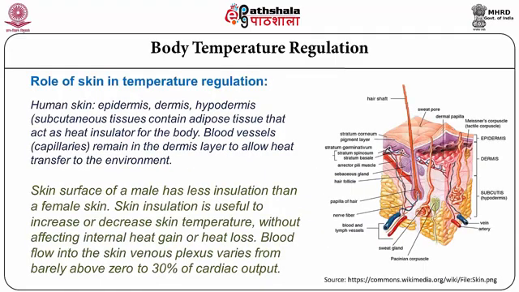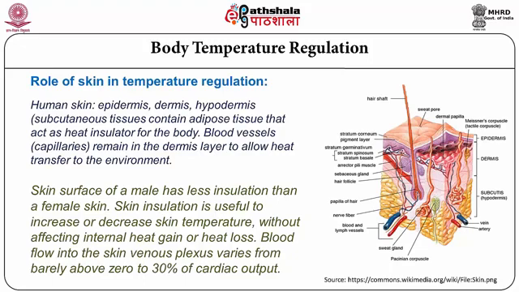I have explained to you in much detail the role of the skin. Here I will repeat, the skin surface of the male has less insulation than female skin because the subcutaneous fat in males is relatively less than in females. The subcutaneous area is a source to conserve heat.